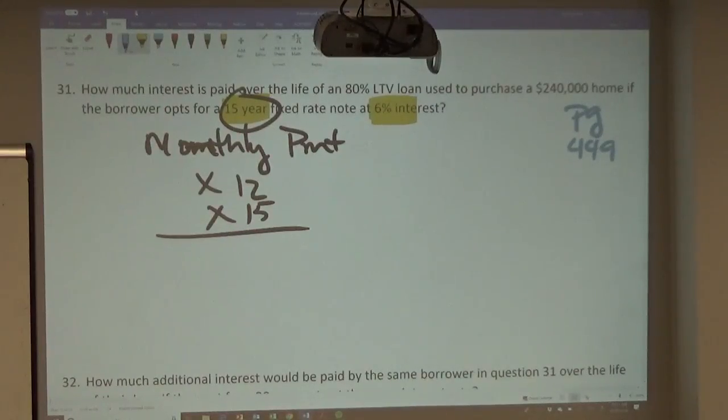You go to page 449 and you look at the 15-year column, and then you look at 6% interest. It looks like $8.44 per thousand. So $8.44 per thousand is our payment.